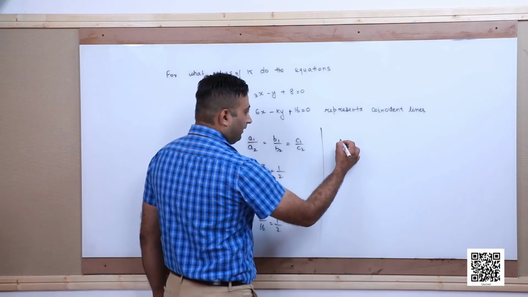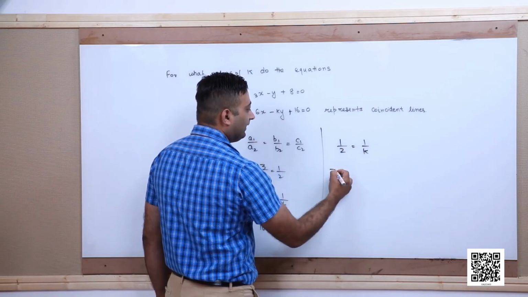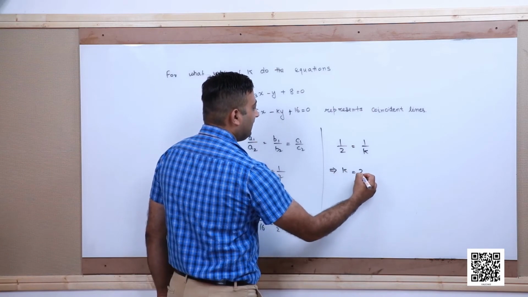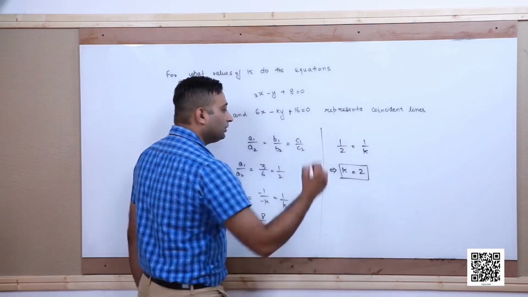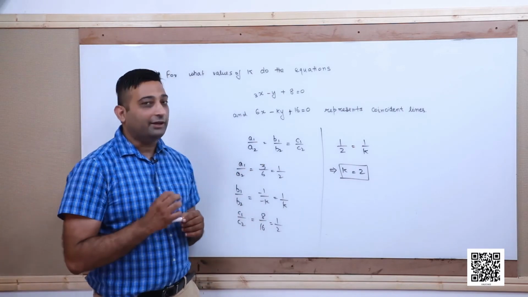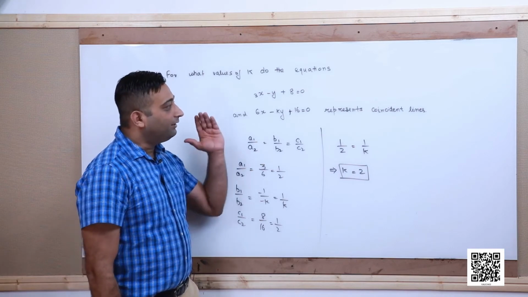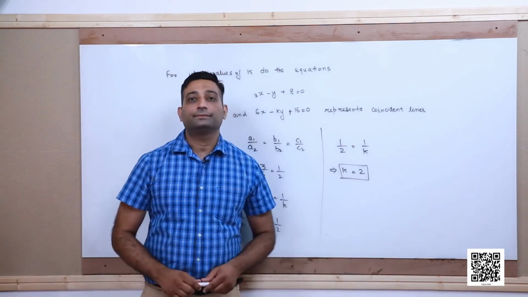Now A1 by A2 is 1 by 2, it is equal to B1 by B2 which is 1 by k. So for coincident lines k is equal to 2. So in these types of questions we can find the value of an unknown by comparing the ratios for a given pair of linear equations.